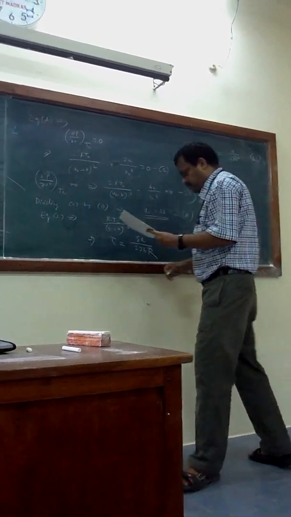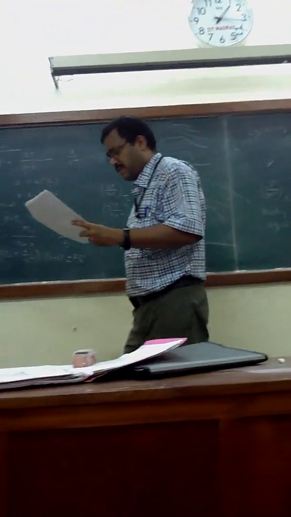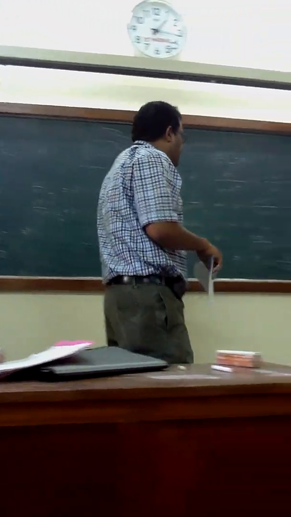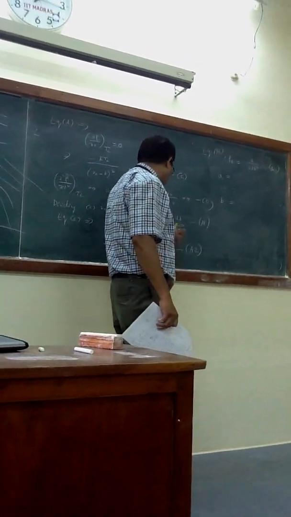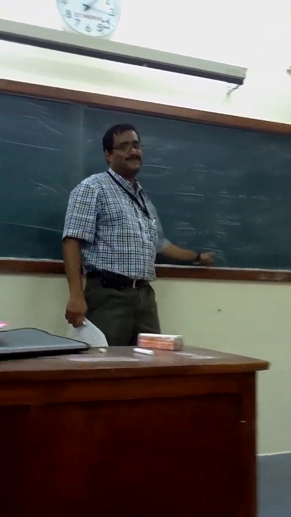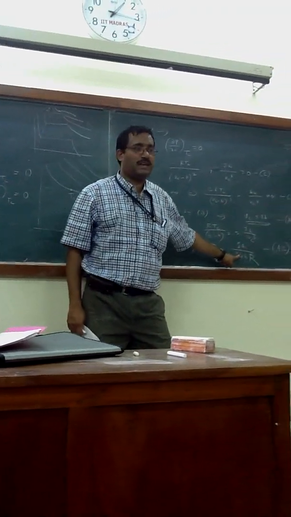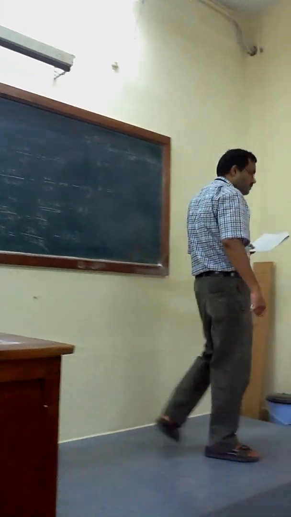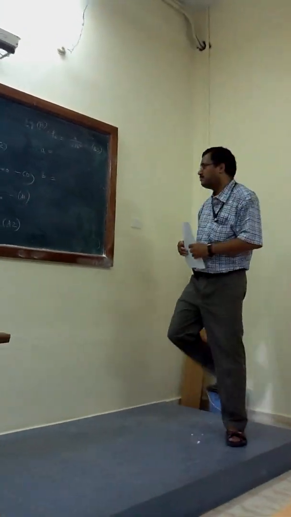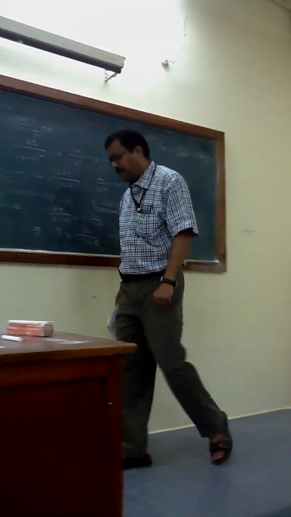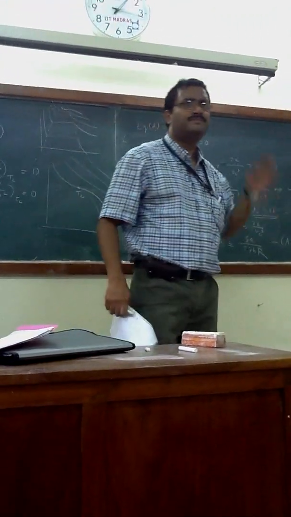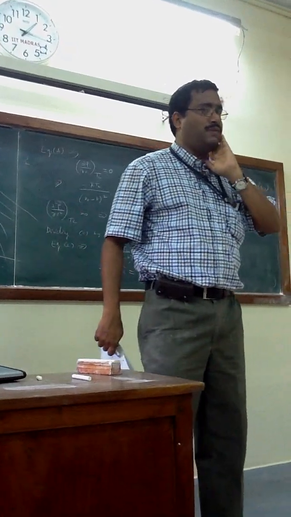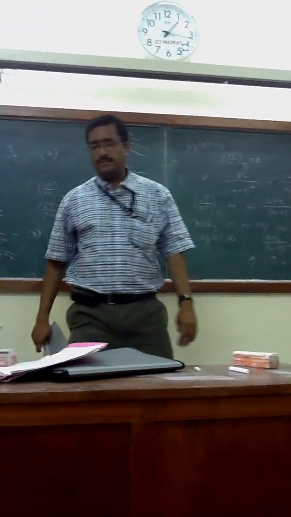First you can get the value of B. If you divide A2 by A3, A and A will get cancelled, and you get B. What's the value of B? It's very quick, you can do it quickly. It's not that difficult.